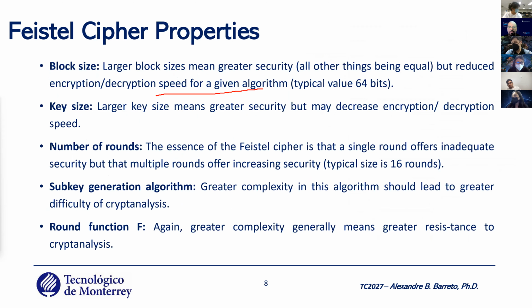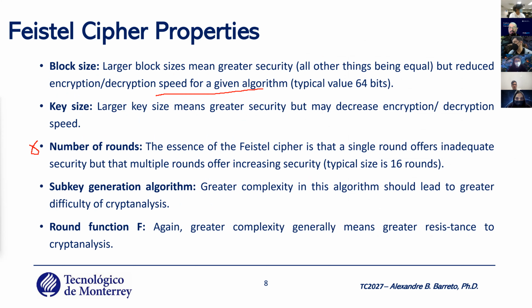So again, the number of rounds we already talked about. The subkey generation algorithm is a very important part of the Feistel model, because you have, for example, a key of 8 bytes or 32 bytes, it doesn't depend.